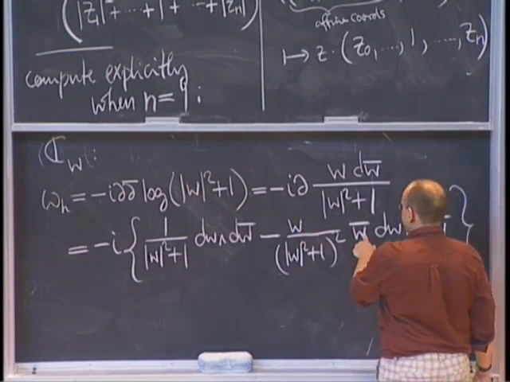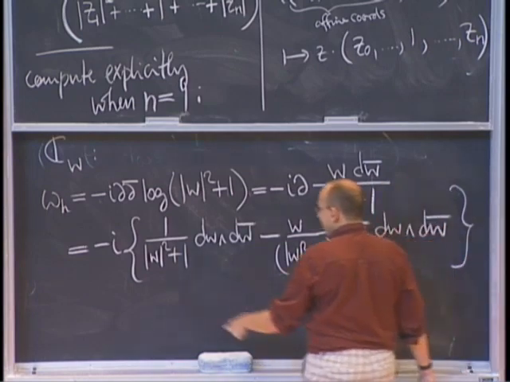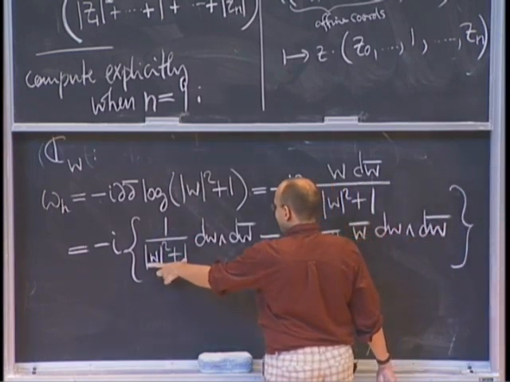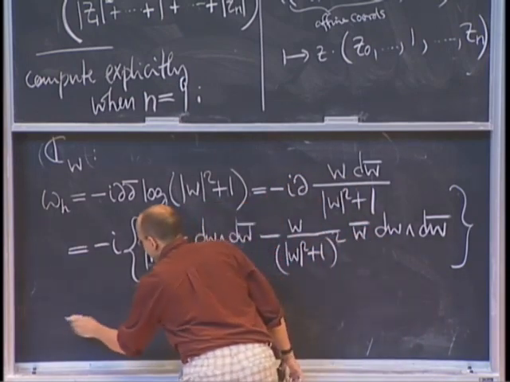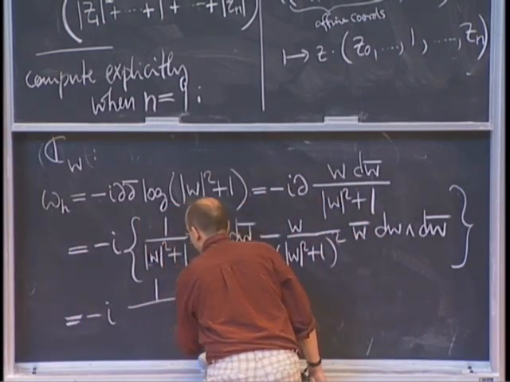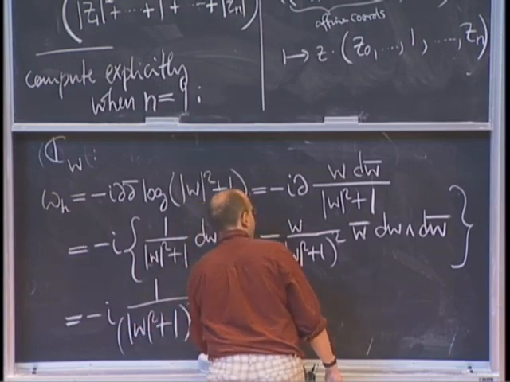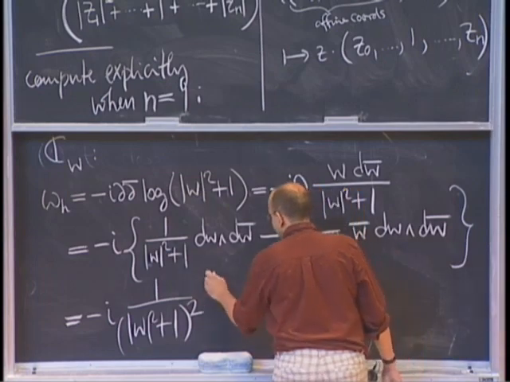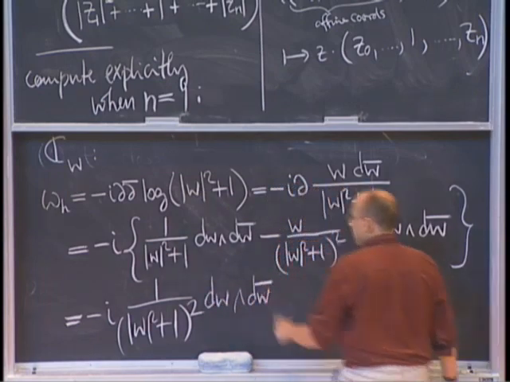So that's a mod W squared. Raise the power, get the W squared plus 1 minus W squared. So that's actually just minus i times 1 over W squared plus 1 squared times dW wedge dW bar.